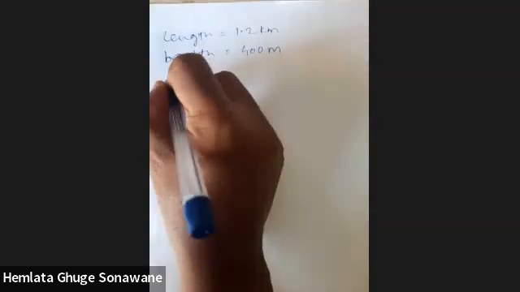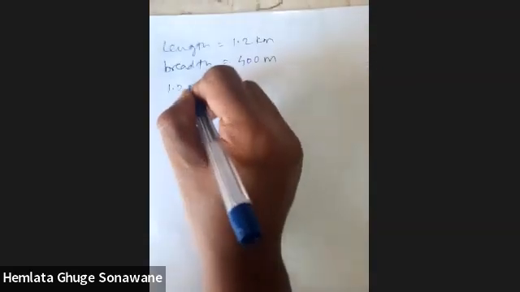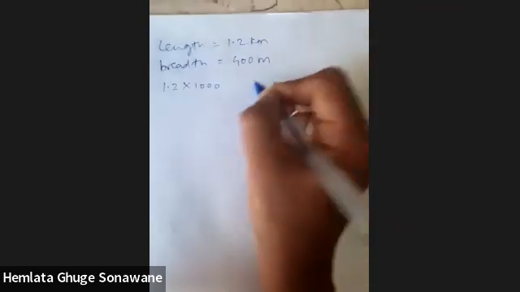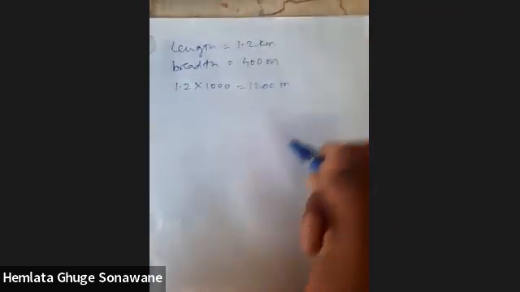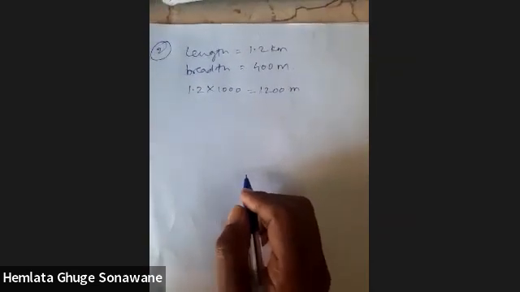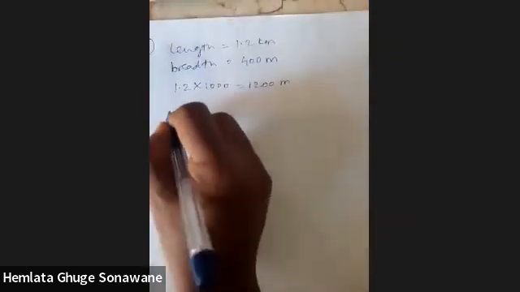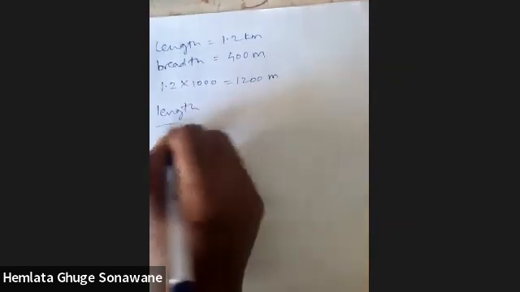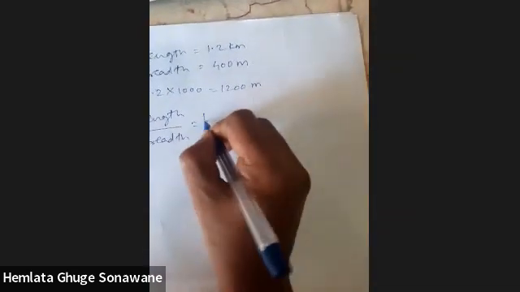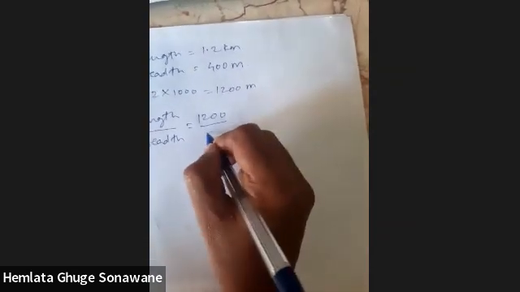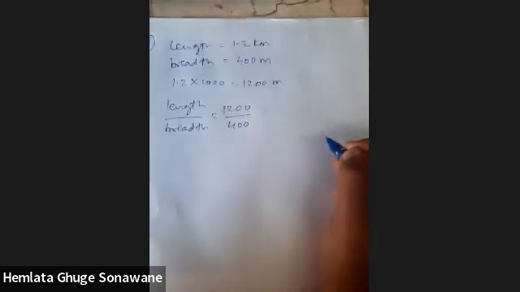So what we'll do? We'll multiply 1.2 by 1000. So it becomes 1200 meters. Now we have to find the ratio of length to breadth. Now here we have length as 1200 meters and breadth as 400 meters.